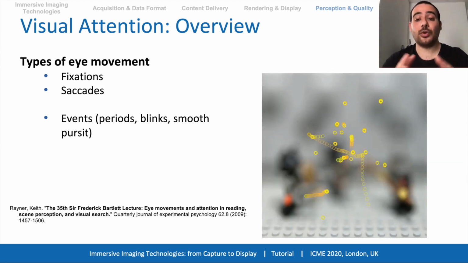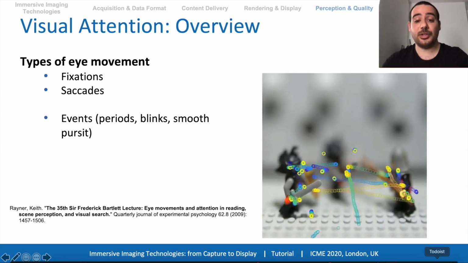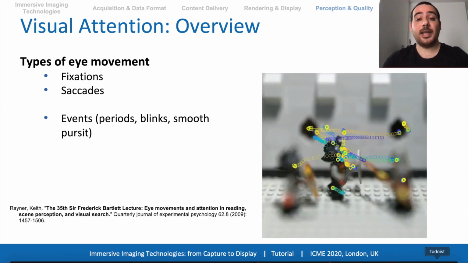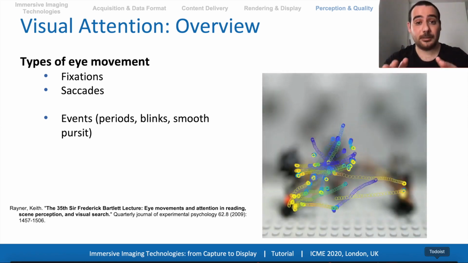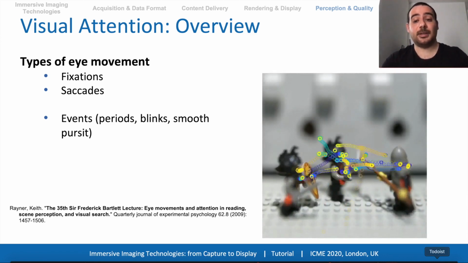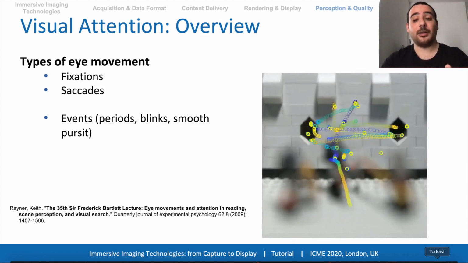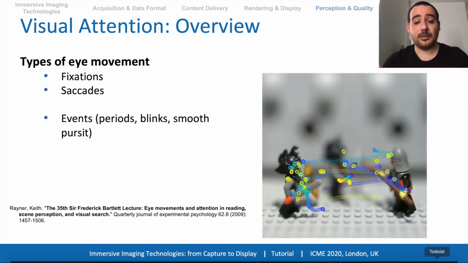Fixations are those times when our eyes essentially stop scanning the scene, holding the central foveal vision in place so that the visual system can take in detailed information about what is being looked at. On the other hand, saccades are the types of eye movements used to move the fovea rapidly from one point of interest to another.